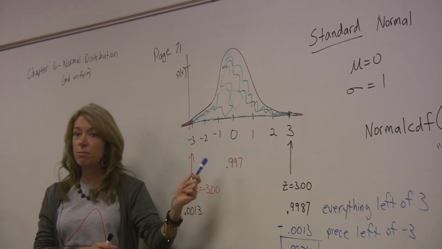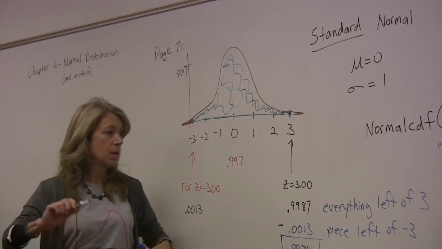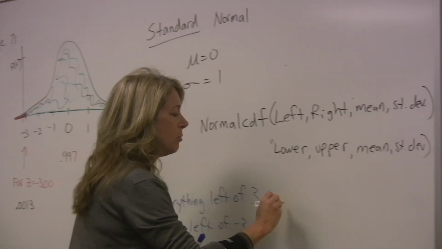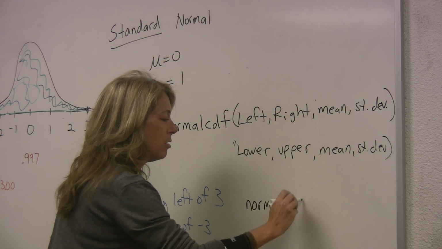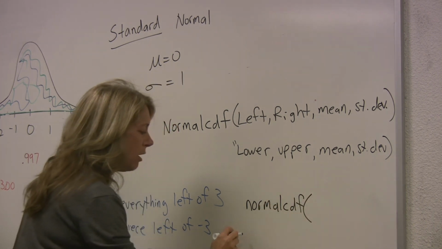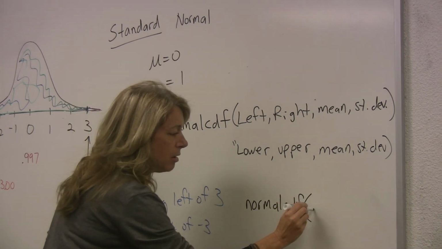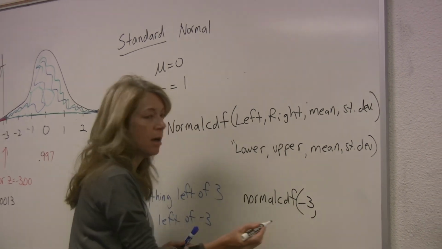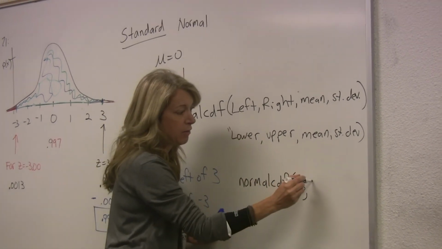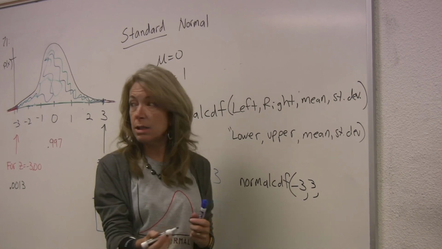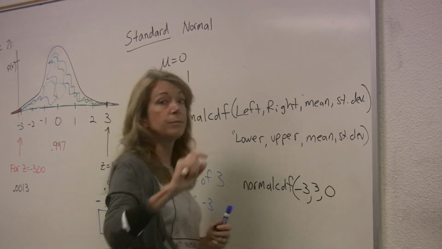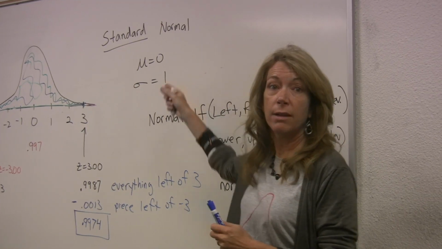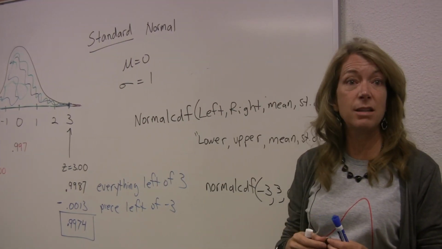So if I want to do this problem on my calculator, I would do normal CDF with my lower number -3, my upper number +3. My mean is 0 because we're dealing with standard normal, remember? 0 and 1 for standard normal. Every time you have z's, it's 0.